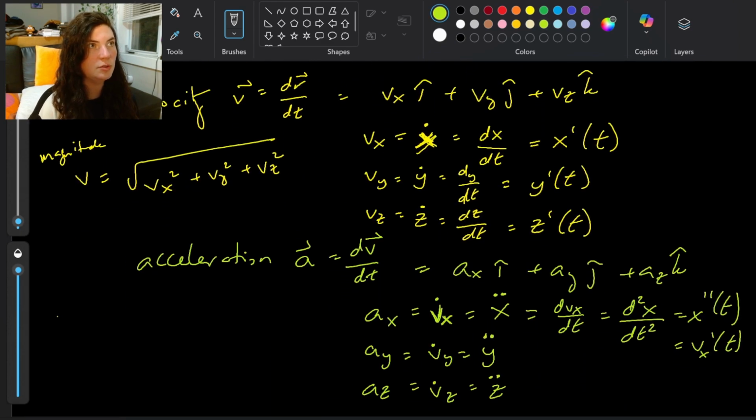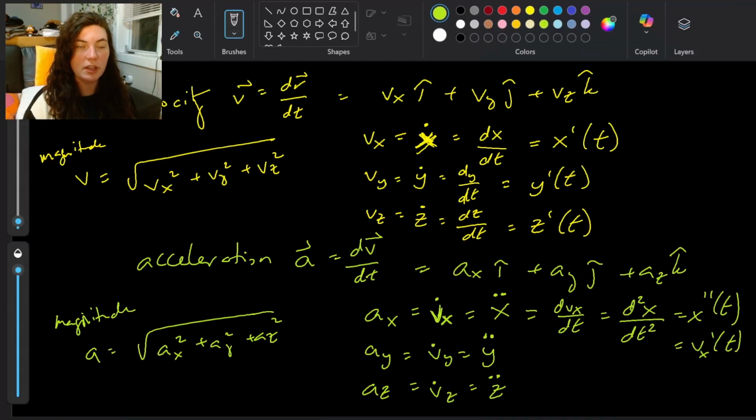Likewise, the magnitude of our acceleration is just the square root of all those components squared: ax squared plus ay squared plus az squared.